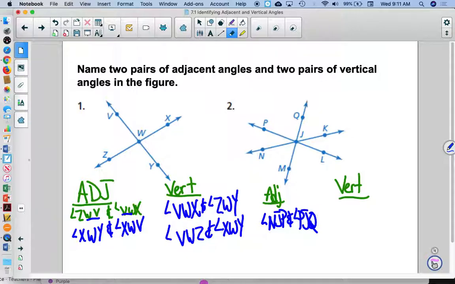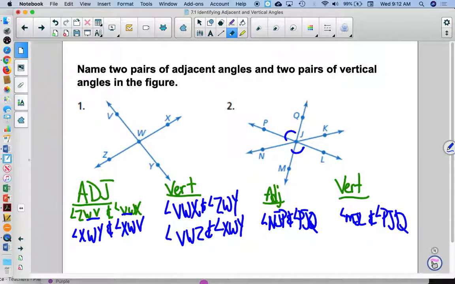What about a vertical set of angles? Give me a vertical pair. Jillian? Angle MJL and angle PJQ. Okay, so you said MJL, which is here, and angle PJQ, which is there. I agree. Okay? Would angle KJL and angle PJN be vertical angles?